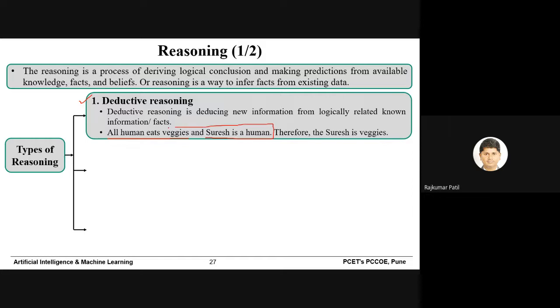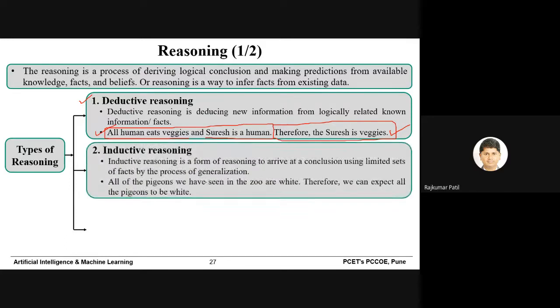So if this is known to us, then we can conclude that Suresh is also a vegetarian. So some facts or information is available with us, and from that information we conclude that Suresh is a vegetarian. This particular approach is called deductive reasoning.